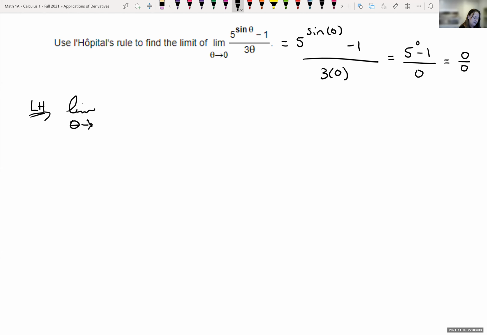So I notice that when we're looking at the derivative of 5 raised to sine theta, we're going to need to use the chain rule. Our base is 5.